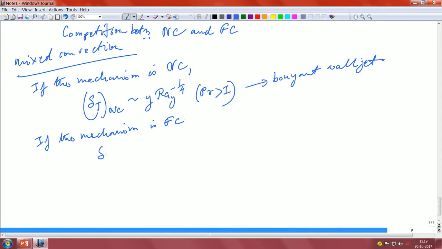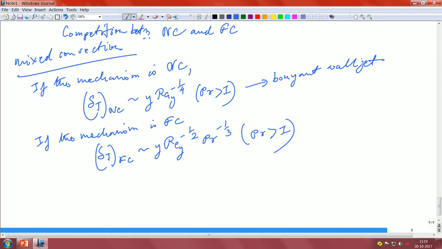So, delta T for forced convection, or FC, is given as y into Reynolds number Re_y^(-1/2) Prandtl number to the power of minus 1/3 for the Prandtl number greater than 1 limit. This we already know from our boundary layer analysis in forced convection.